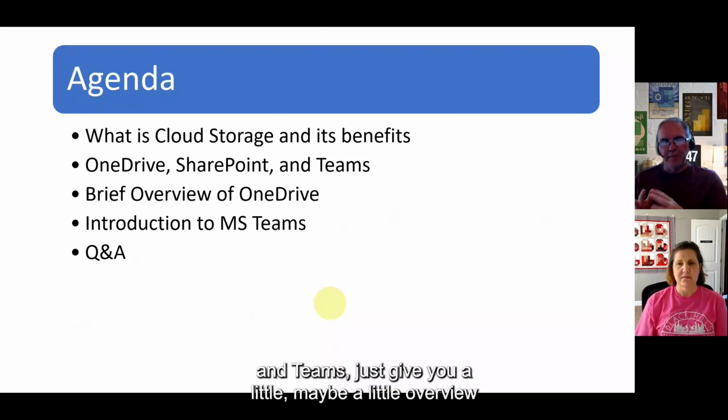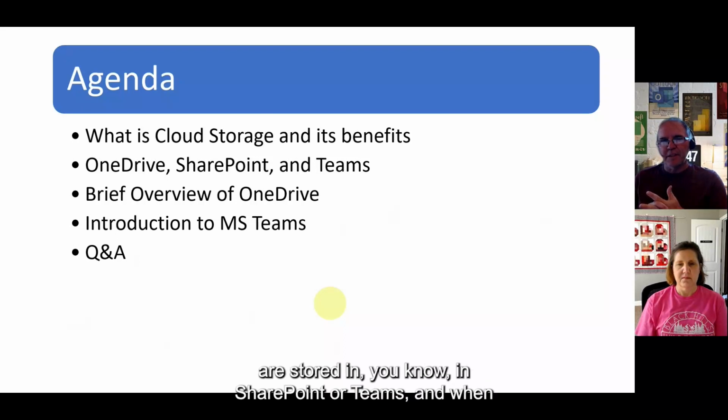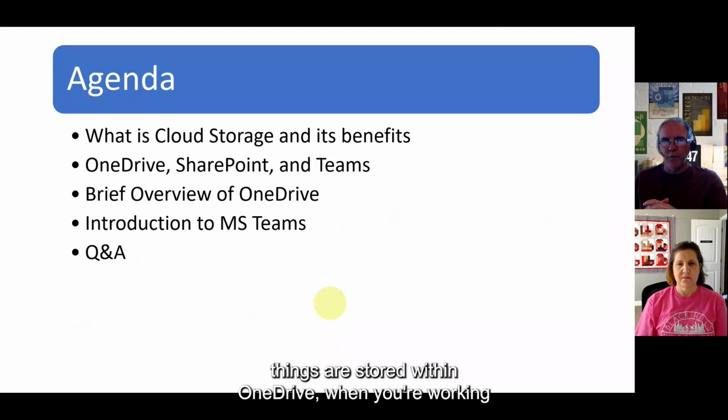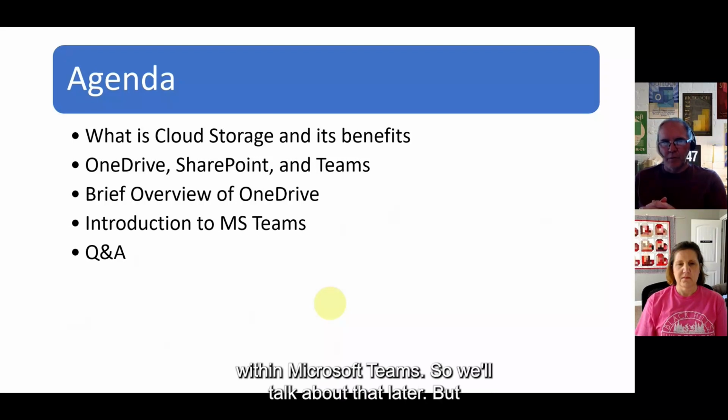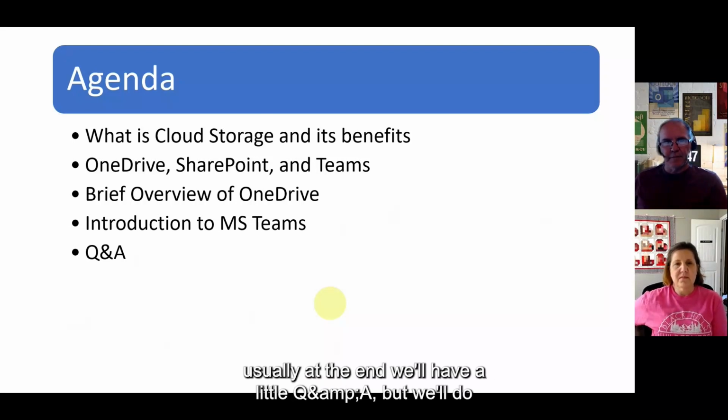I'll give you a little overview of OneDrive and an introduction to Microsoft Teams, and cover when things are stored in SharePoint or Teams, and when things are stored within OneDrive when you're working within Microsoft Teams. Depending on where you're working within Teams determines where your data is actually stored. Usually at the end we'll have a little Q&A, but we'll do that as we go along.